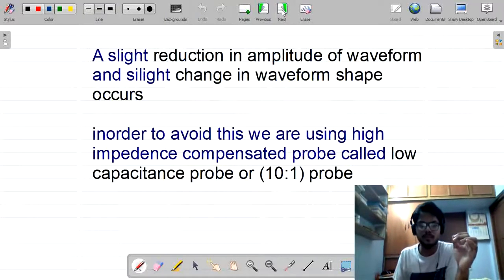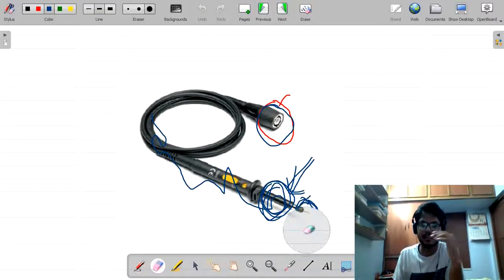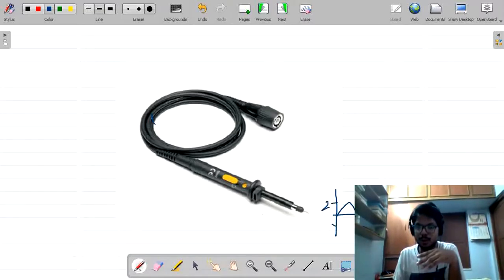Now, a slight reduction in the waveform amplitude is a quite general, normal process. As you can understand from this diagram, suppose at this point my sinusoidal input has a voltage of plus or minus 2 amplitude.